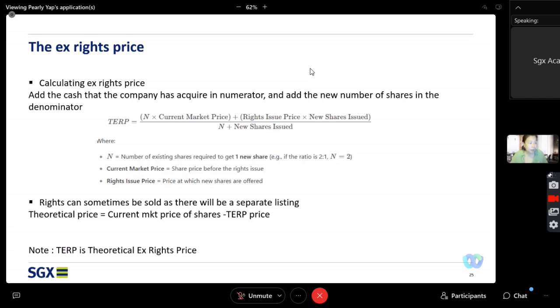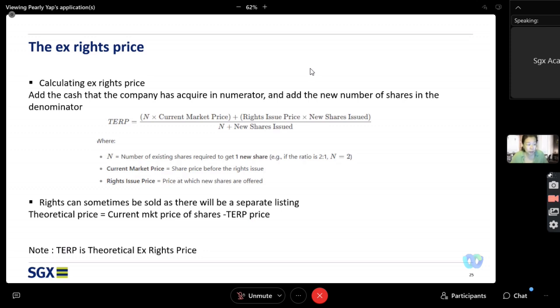Okay, now rights can sometimes be sold as there is a separate listing, and the value of the right is equal to the current market price of the shares minus the theoretical X rights price. So there is a rights value to it, and then you can also sell it off, right?